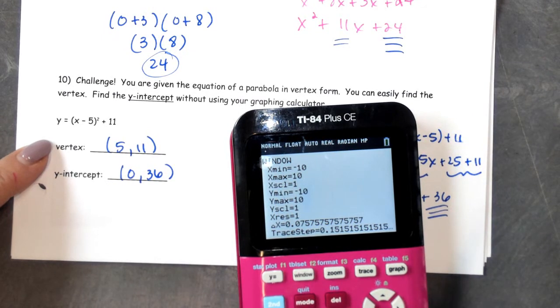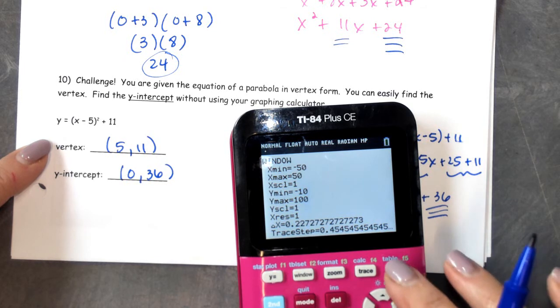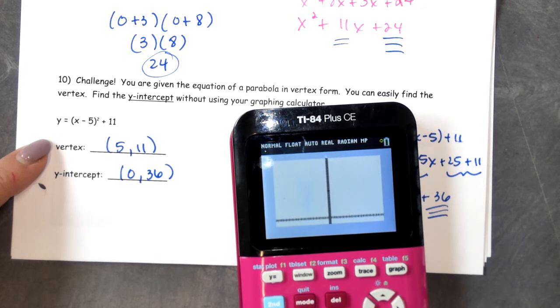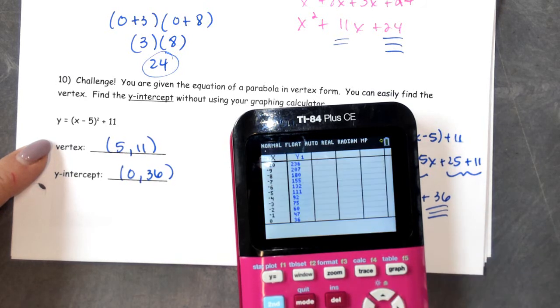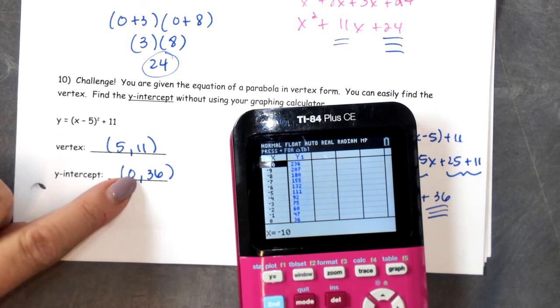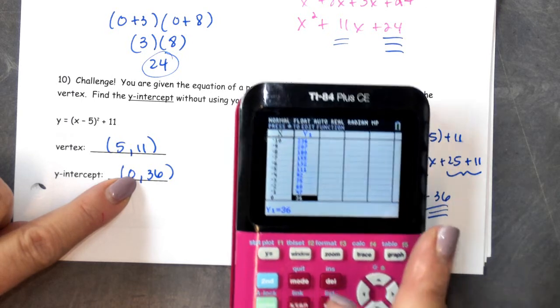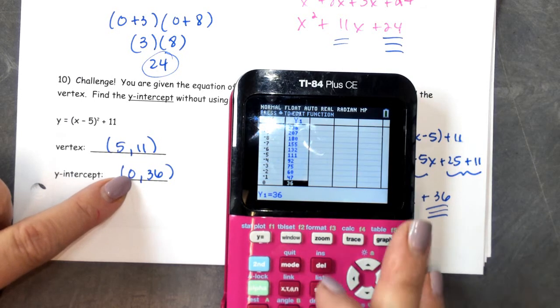If you absolutely wanted to see it, you'd have to make your y-max be like 100, and your x-min and x-max whatever you want. That's the beauty of a calculator. If I made it -50 and 50, now you have your graph. But it doesn't matter, because the table is what I need, and I want to know where x is. When x is 0, y is 36. So I know that I did it right.